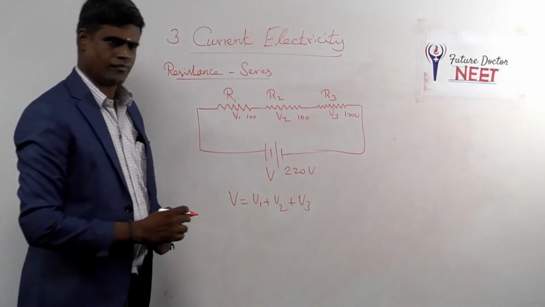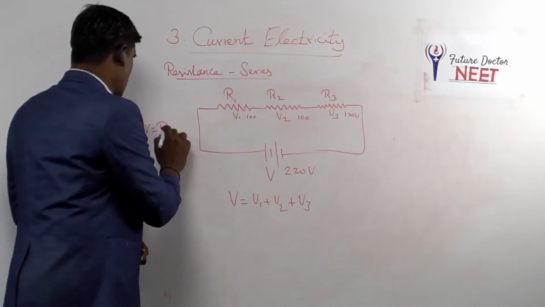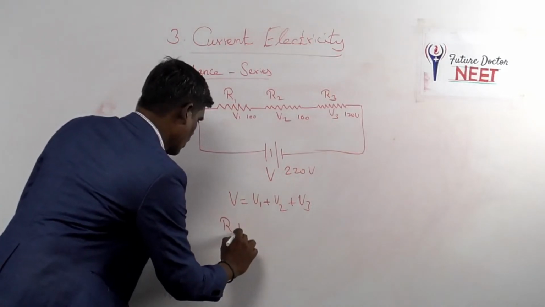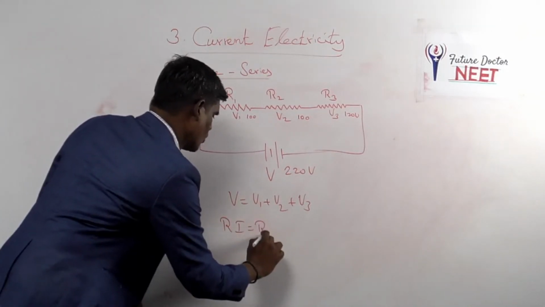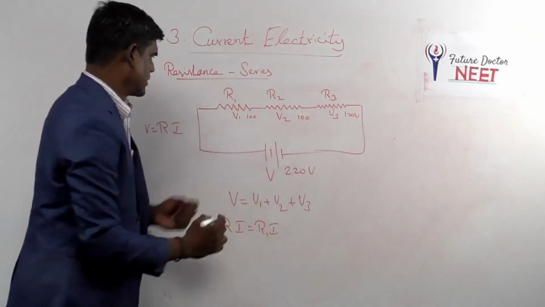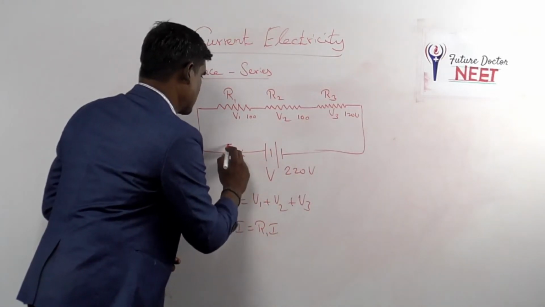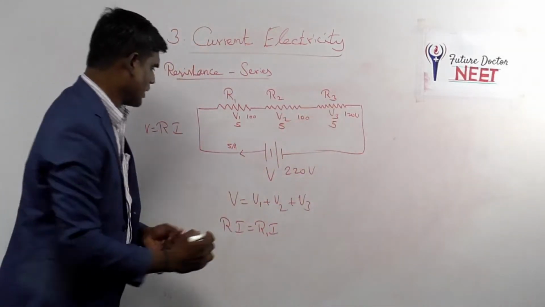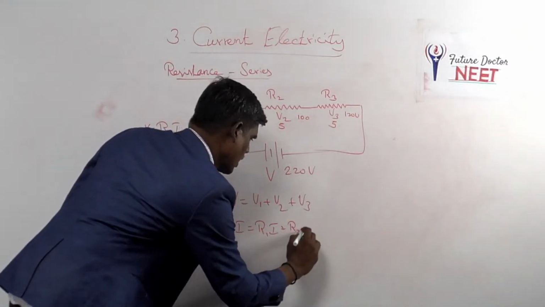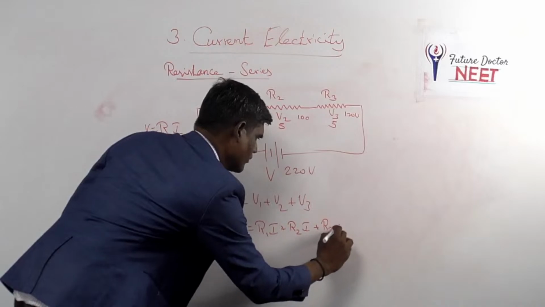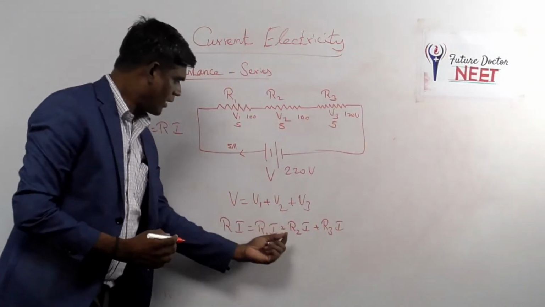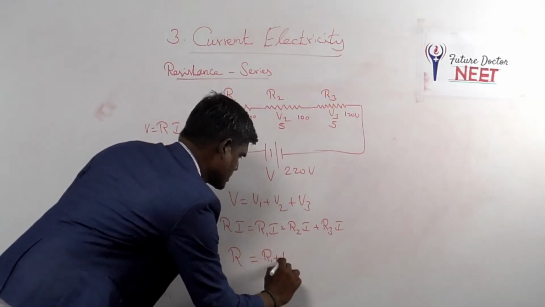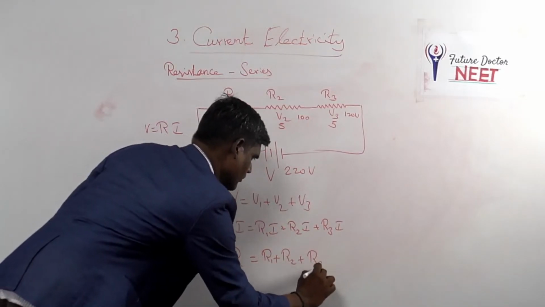Sum of that. And V equals R I, we know the formula. Then R into I equals R1 into I, because current is the same. For example, here 5 ampere, here also 5 ampere. Then R1 I plus R2 I plus R3 I. Take I outside, I gets cancelled. Then R equals R1 plus R2 plus R3.